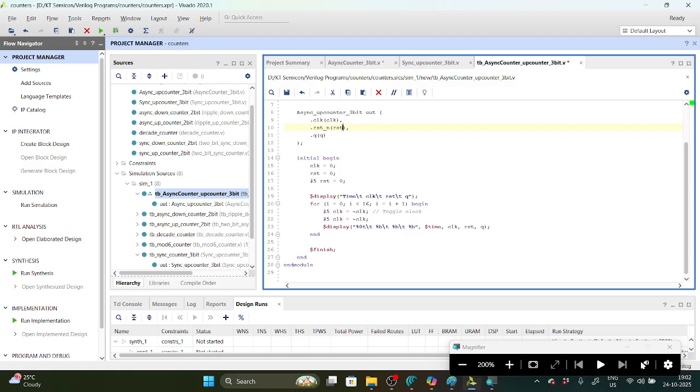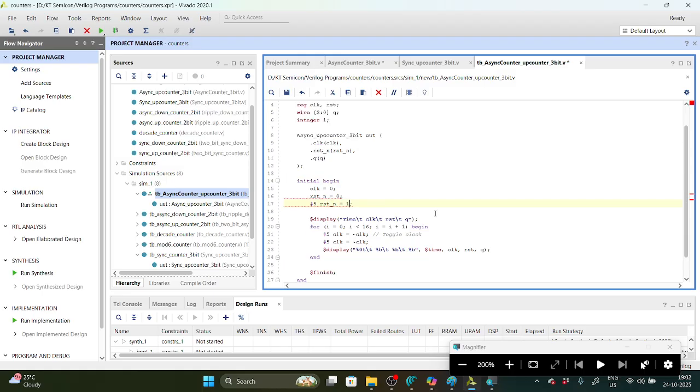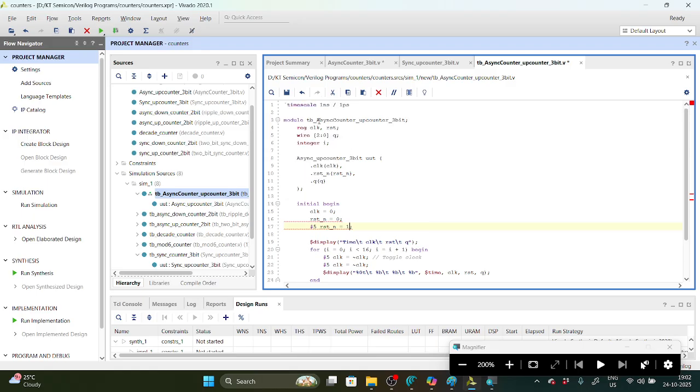First I am making reset underscore n equal to 0, and after that reset underscore n equal to 1. Here also reset underscore n. I think now it will go.